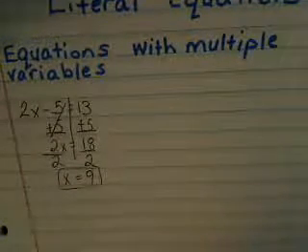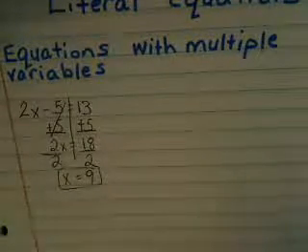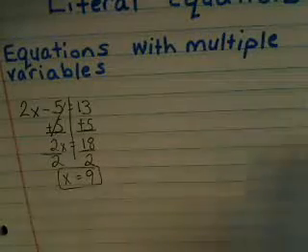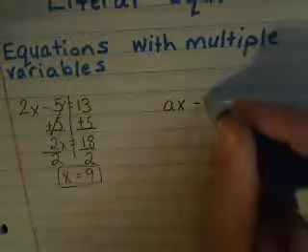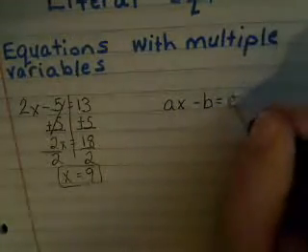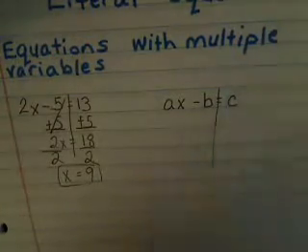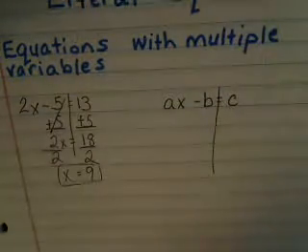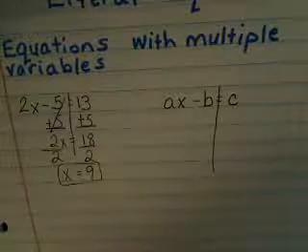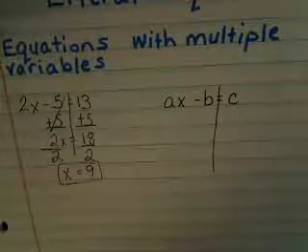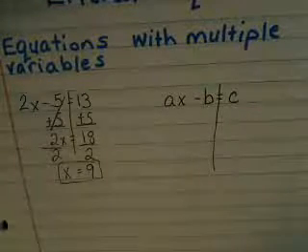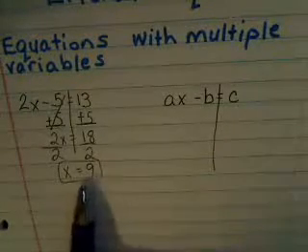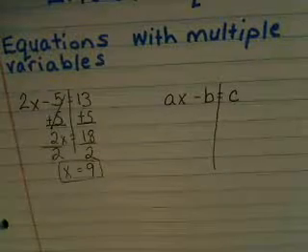Okay, with the literal equation, it's a little bit different in that you have different variables. Like, let's look here. We have ax minus b is equal to c. We're going to still use inverse operations to isolate the variable, but we're not going to simplify it down to just one nice and neat answer.